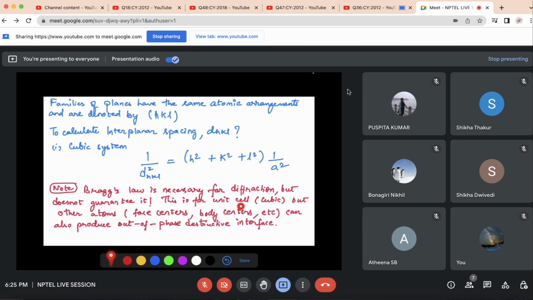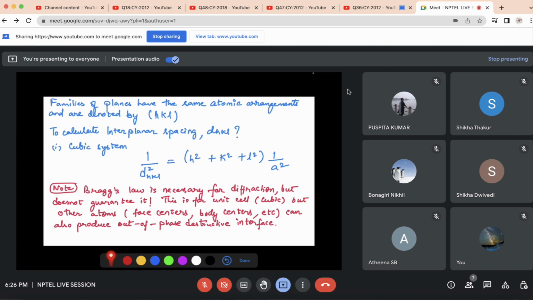This is for a cubic unit cell, but when we go to other atoms, the reason is that the face center, body center, etc. atoms that are present can also produce some out of phase destructive interference.